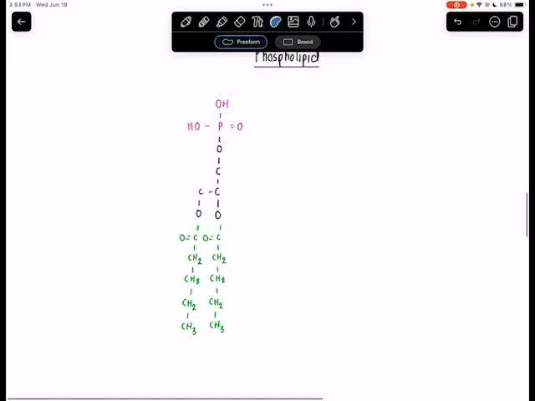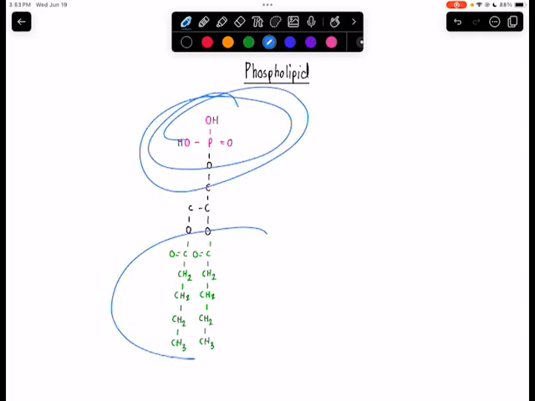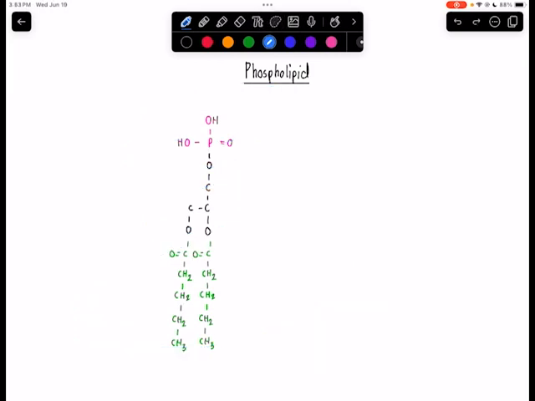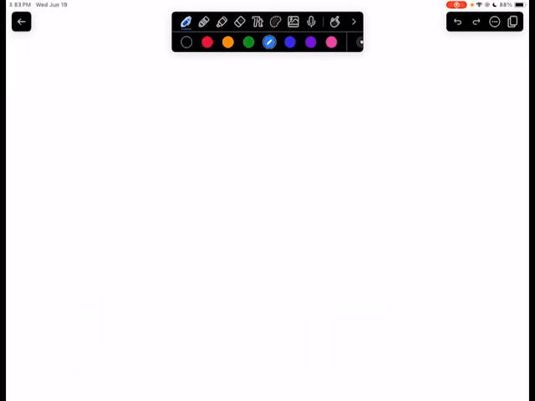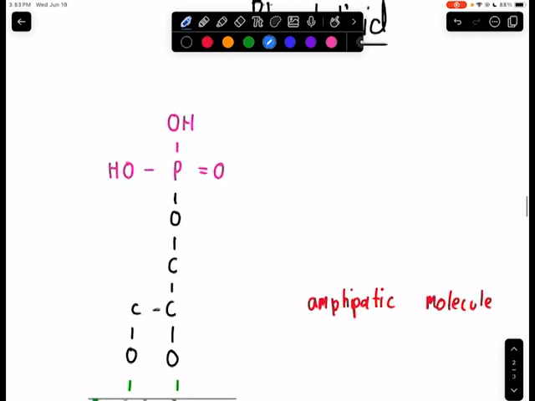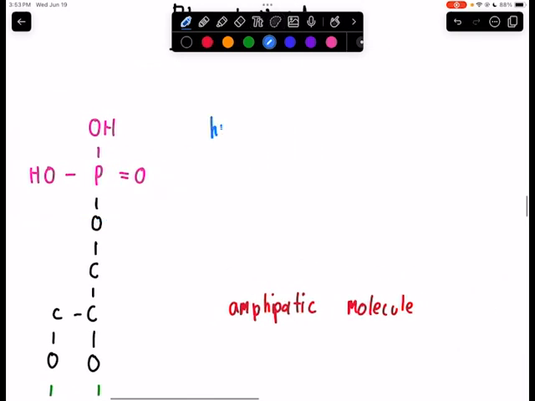Okay, so there we have one phospholipid molecule. And you might be looking at this pink thing up here, this green thing down here, and this black thing, and thinking, oh, why are these colors? But that's because this is an amphipathic molecule. And so basically what happens is you have this side, right? And this side is hydrophilic.